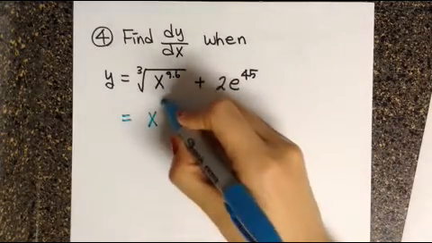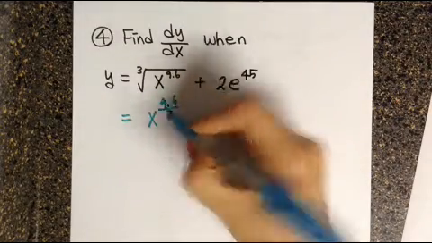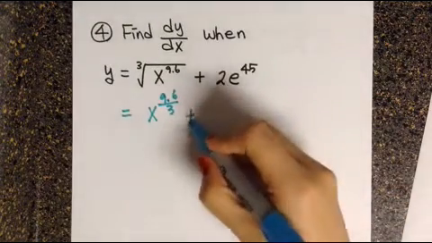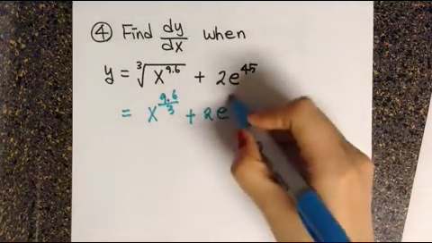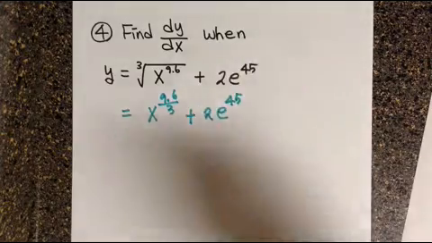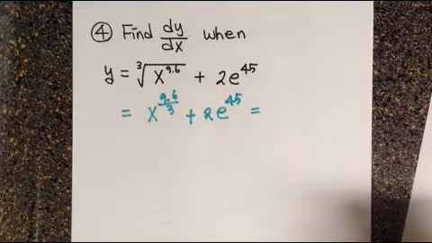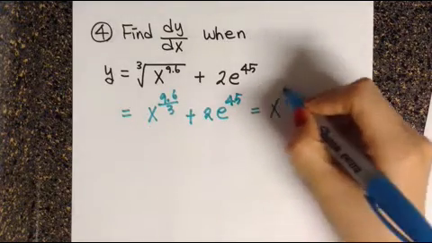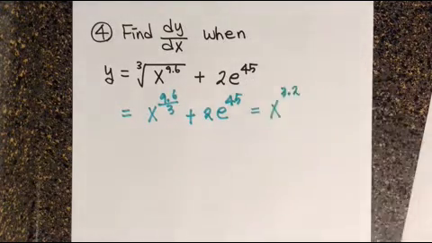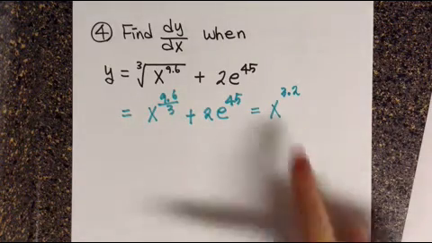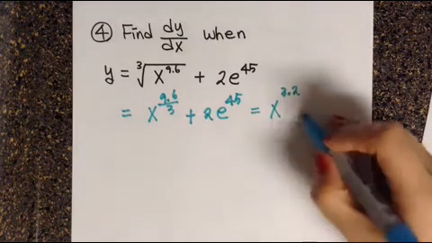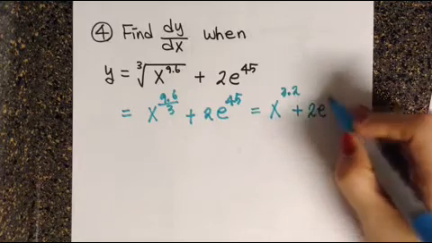X to the 9.6 over 3 plus 2e to the 45. So 9.6 over 3, if you divide by 3, is x to the 3.2, plus 2e to the 45.